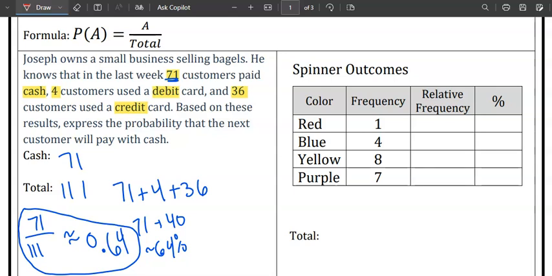Spinner outcomes. The table displays the frequency of various colors from the spinner. Let's find the total first. 20. The relative frequencies will be the frequency over the total.